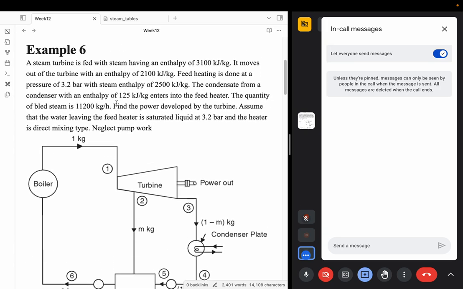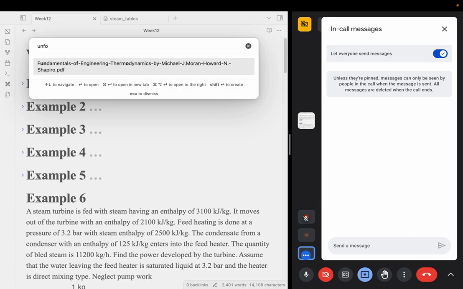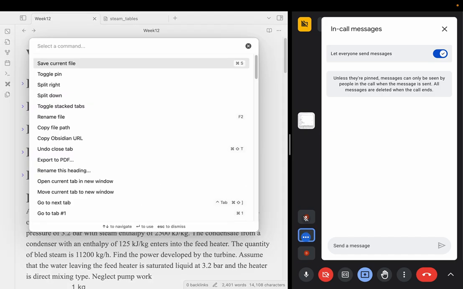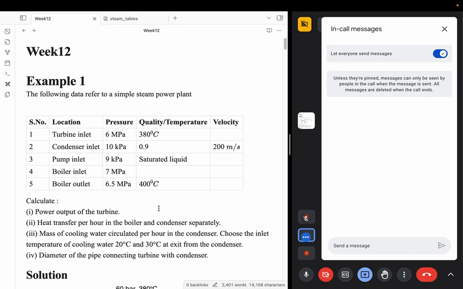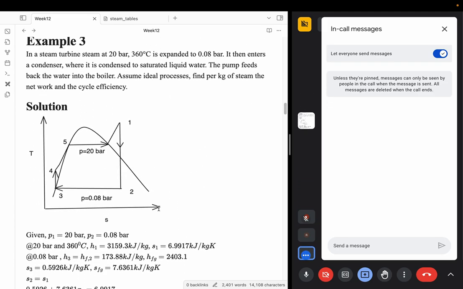Maybe I have a picture before. This is the TS plot. Okay. So 3 to 4 is this one you are referring to.